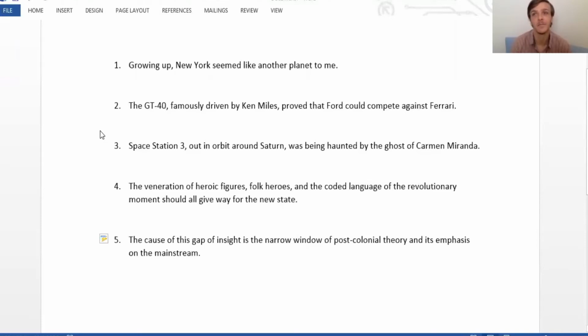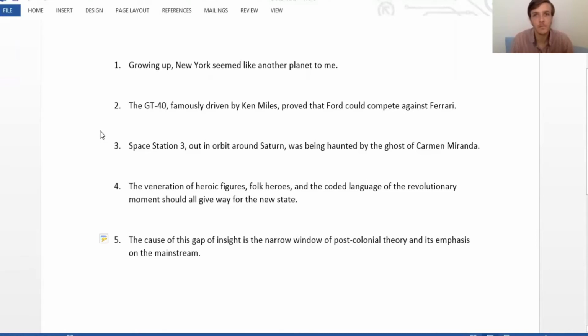Yeah, so technically, New York is the subject of the sentence. But if you're thinking in colloquial English, there's an unspoken, growing up, I thought New York was another planet to me. It pushes the actual subject to the very end. And this is a pretty common grammatical error. The growing up right now is modifying New York.